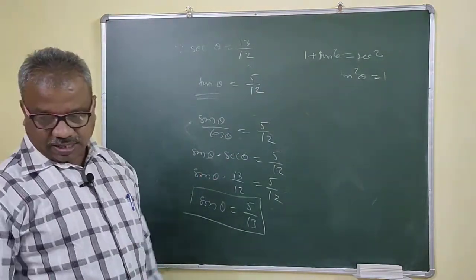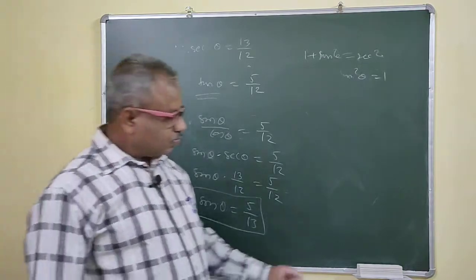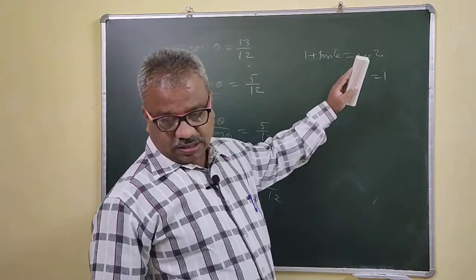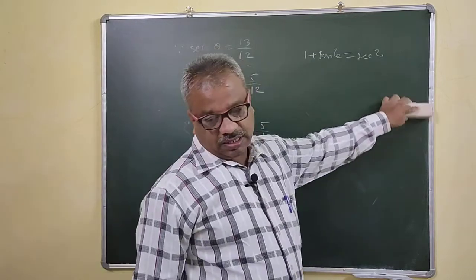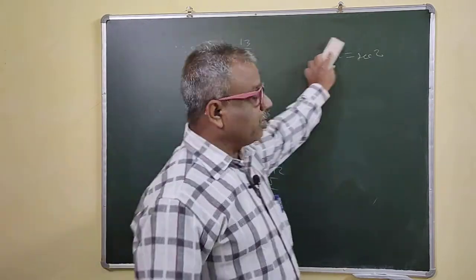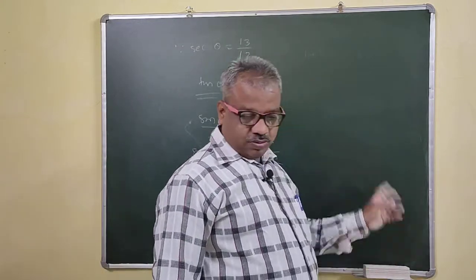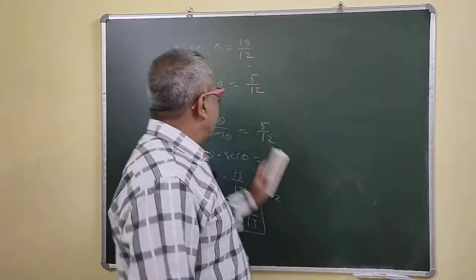The values of sec theta and tan theta are interchanged now, because we had wrongly taken tan square theta minus sec square theta. We have to take sec square theta minus tan square theta. So do that correction so that you will get the correct answer.